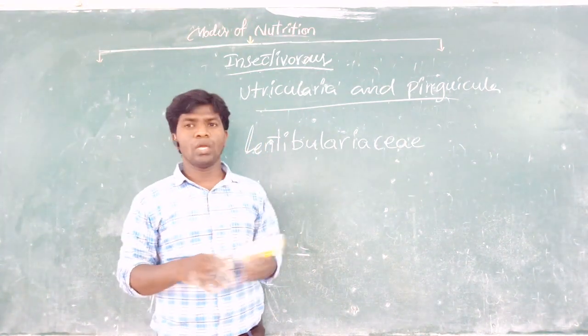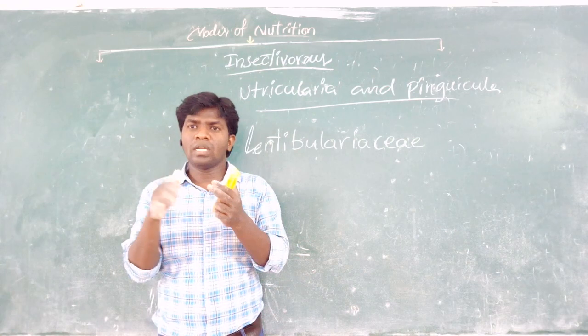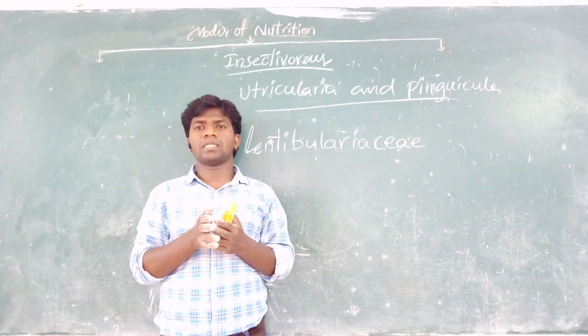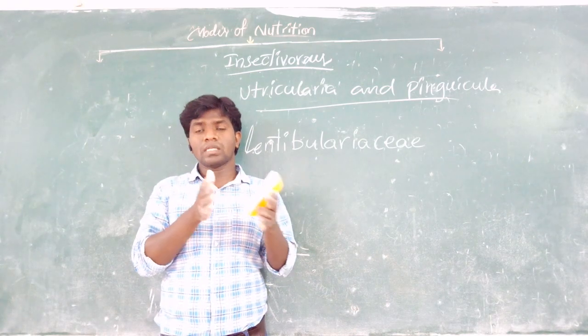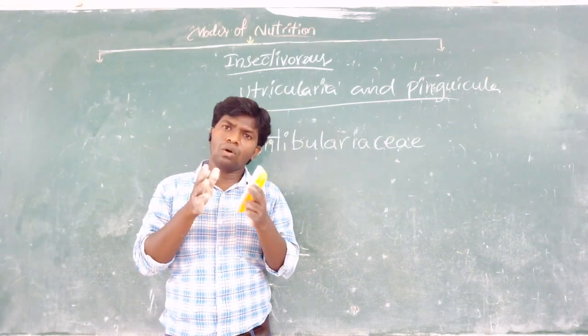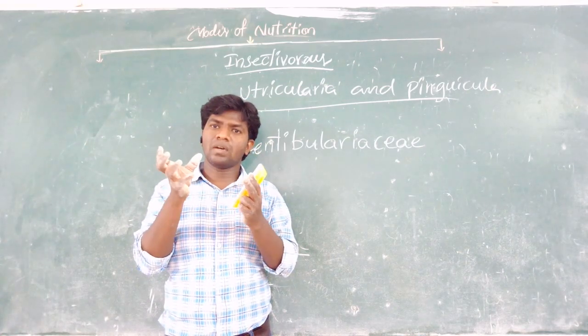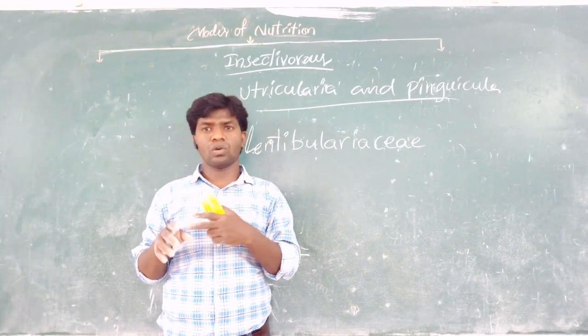And last and final, Dionaea. Dionaea, another name is Venus flytrap. It is one type of carnivorous plant, native to subtropical wetlands on the east coast of the United States, in North Carolina and South Carolina.